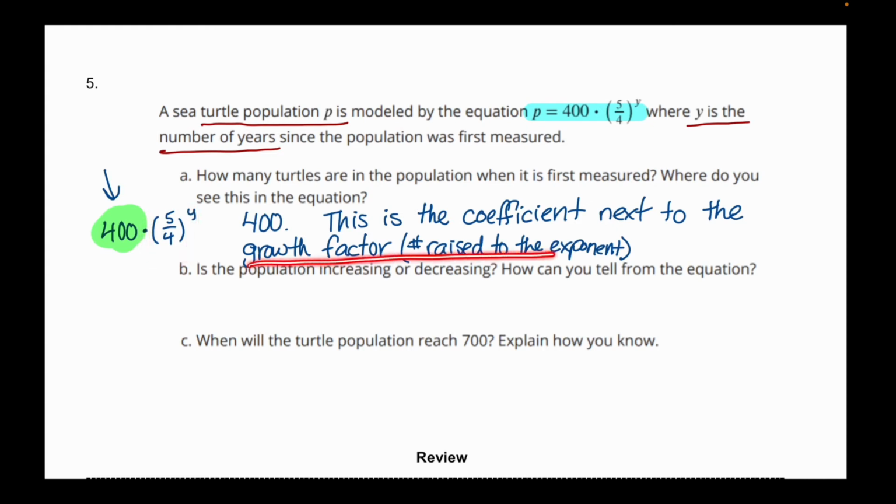The growth factor is that number that's raised to the exponent. If that number is larger than 1, it is going to be growing or increasing. And 5 over 4 is an improper fraction, there's a larger number on top than on the bottom, so yes, this is absolutely going to be increasing.